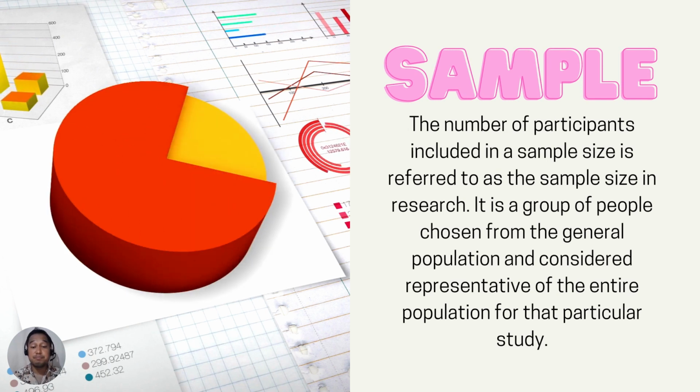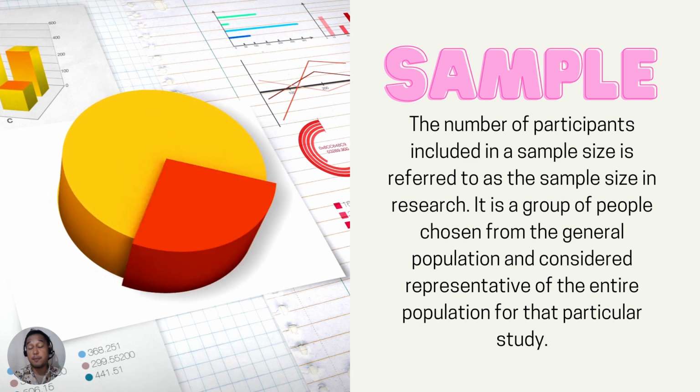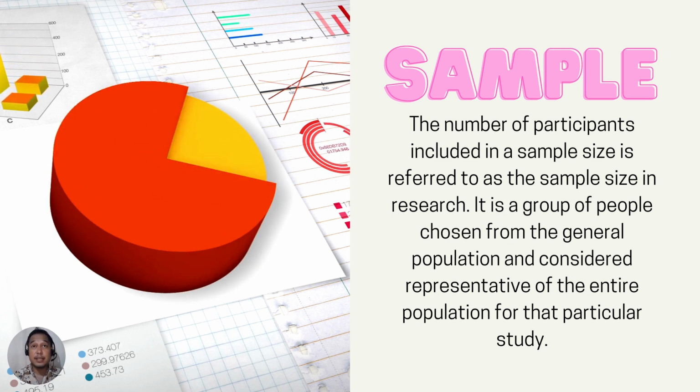Sample size is the number of participants included in a research project. It is a group of people chosen from the general population and considered representative of the entire population for that particular study. So it means that you will just simply get a portion of that population. So you will not include everyone.